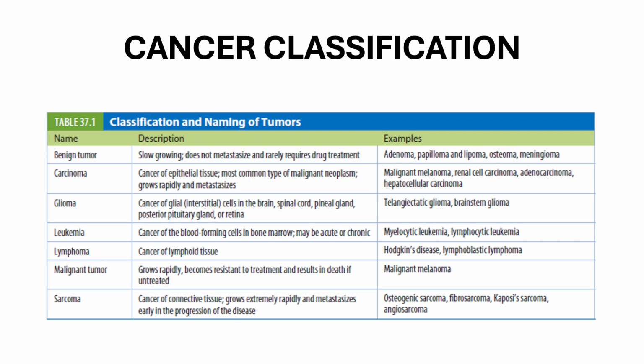Then you have sarcoma, cancer of connective tissues, which grows extremely rapidly and metastasizes early in the progression of the disease. Osteogenic sarcoma is an example, and also fibrosarcoma, Kaposi sarcoma, and angiosarcoma.